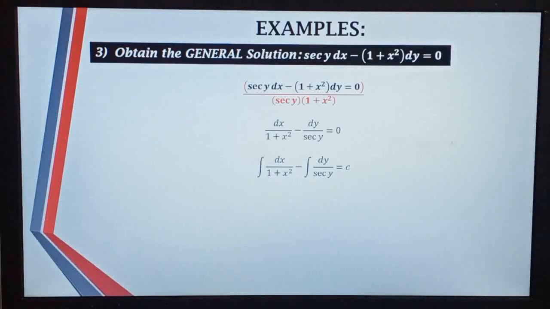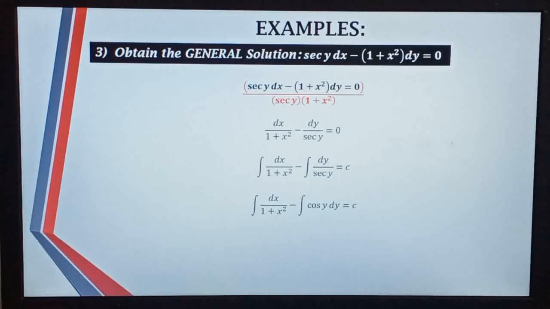So in that case, we will now have an equation of the integral of dx over 1 plus x squared minus the integral of dy over secant of y equated to c. So, simplifying this equation, ang mababago lang naman is the second term, which is 1 over secant is equivalent to cosine. So, ang magiging second term natin is the integral of the cosine y dy.